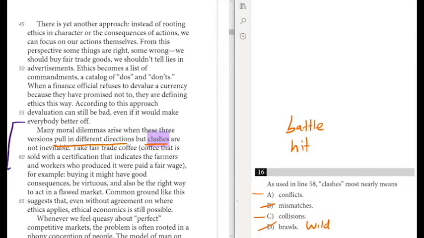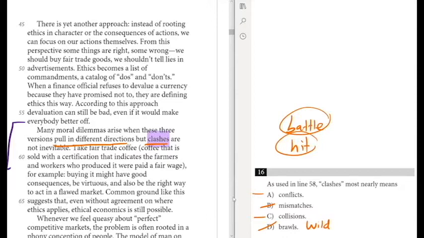So now, what's the difference between conflicts and collisions in this situation? Well, we're talking about different approaches to ethics. So what's going to happen to an approach to the ethics of economics? Different approaches might conflict with one another. So if we said battle or hit, that could lead us to A or C. But now we're really splitting hairs here between the two.